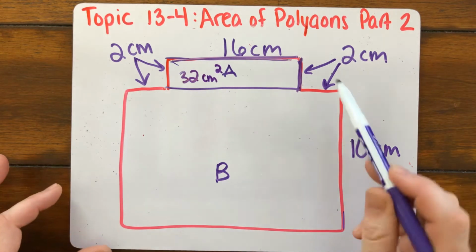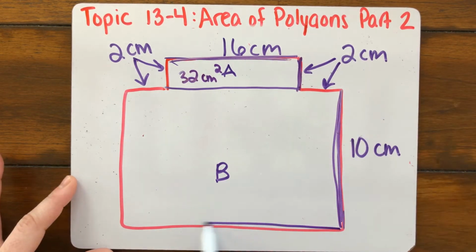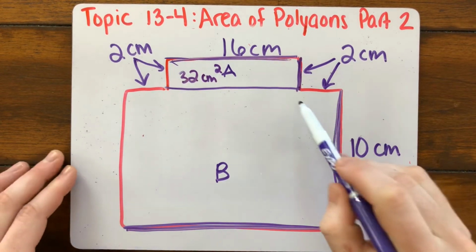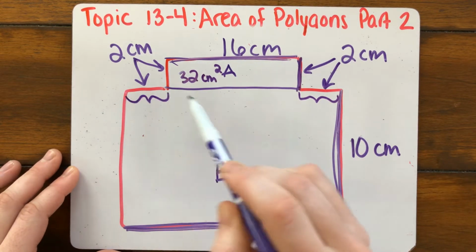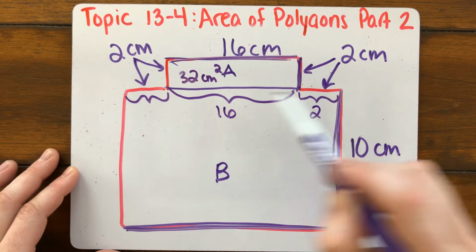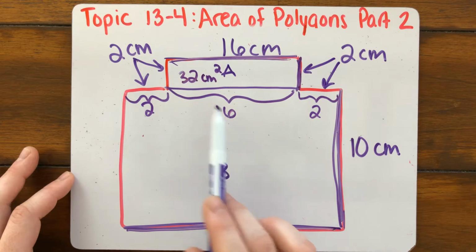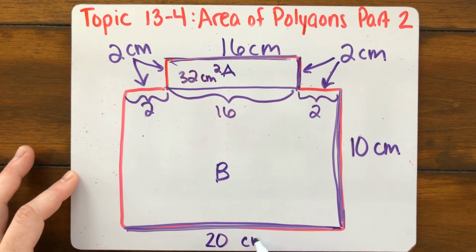Now B, I see 10, but then I don't know what this dimension is, but I can figure it out because this right here is 2, this is 2, and this dimension here is 16. So to find the total length, we can do 16 plus 2 plus 2, which is 20 centimeters.